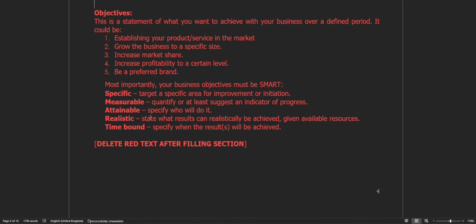No, I will grow my customer base rather. Don't say that. Say by the third quarter of the first year, you will increase our customer base by 25%. By putting 25%, you've actually quantified it and you've actually given a time frame within which you hope to meet that target.